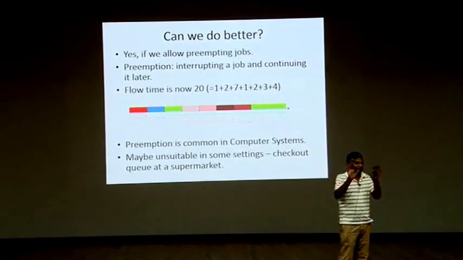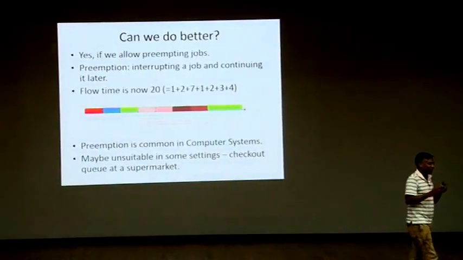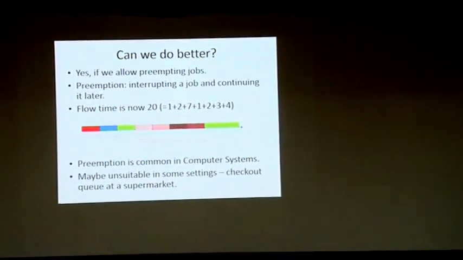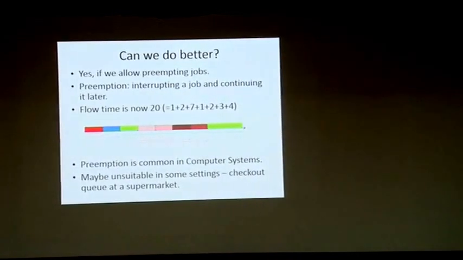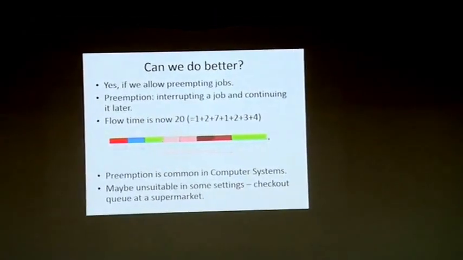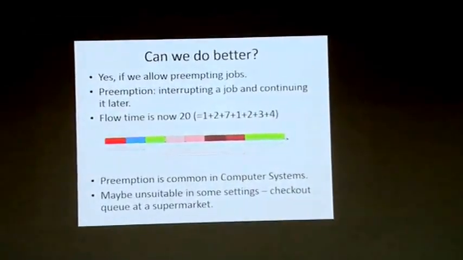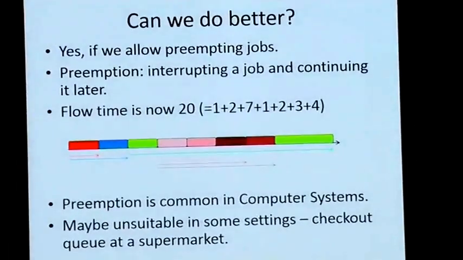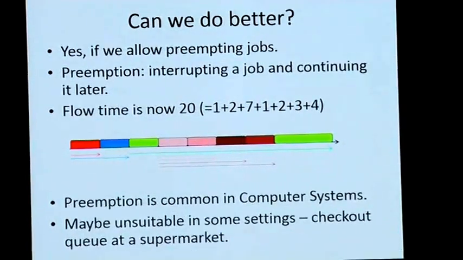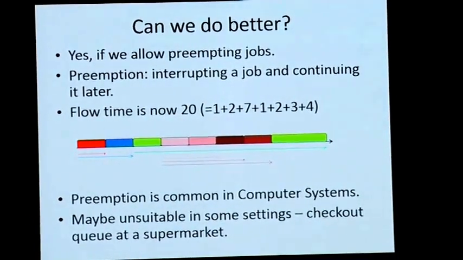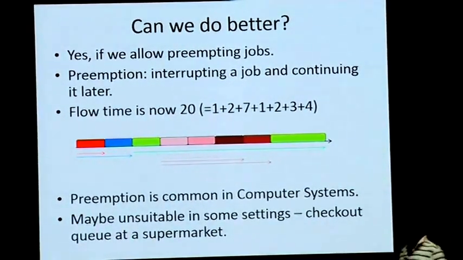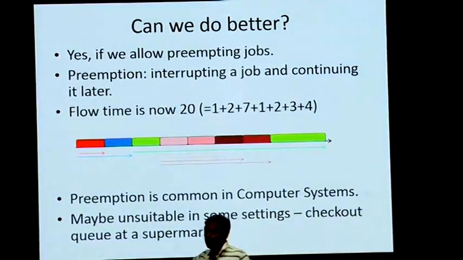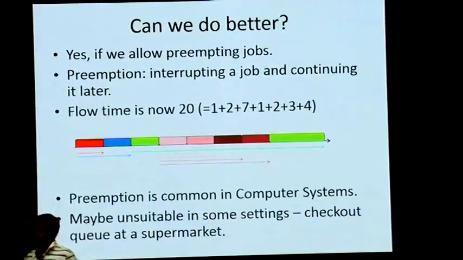While if I had moved this person with 2 baskets of vegetables, I have nothing against it. I'm just trying to illustrate a point here. So if you moved him behind, then he, of course, has to wait slightly longer. But all those people who had small jobs, they will wait much, much less. And so the same thing is happening here. You might be running, the green job that you are running is a long job.